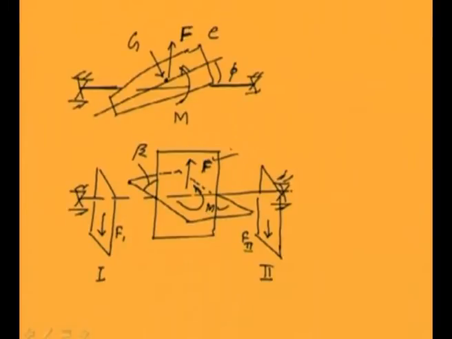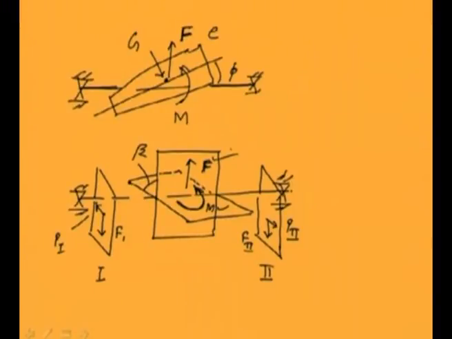Due to the couple M, we can have correction mass in this direction, that is P1, and this direction P2, because P1 and P2 should form a couple equivalent to, but opposite to, the direction of the moment. Moment, if we see from the top, is counterclockwise. So the couple due to P1 and P2 should be in the clockwise direction.